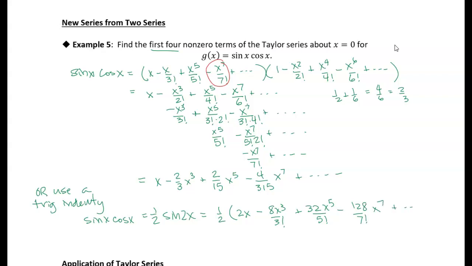Okay, so I'm just plugging in 2x and then taking it to the power. So, you know, 2 to the seventh is 128. And then if I want to simplify it, I can multiply through by 1/2, and I'll end up with x minus 2/3 x cubed plus 2 over 15 x to the fifth minus 4 over 315 x to the 7th, and so on, which matches, so that's good.